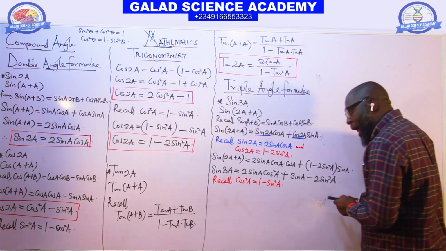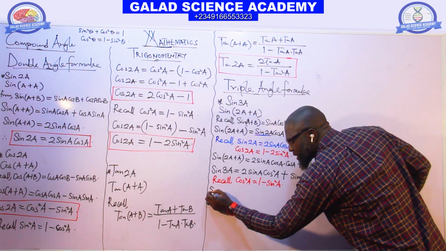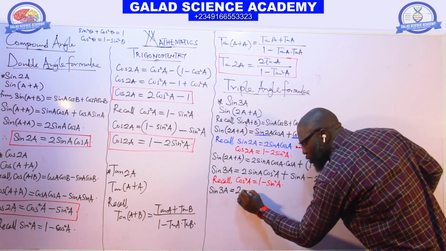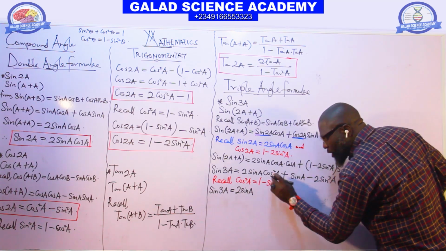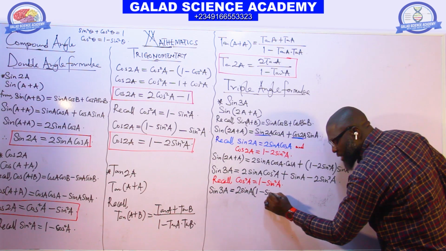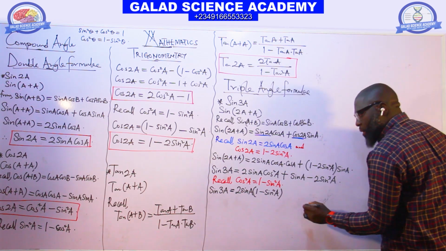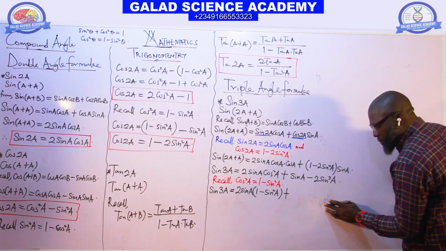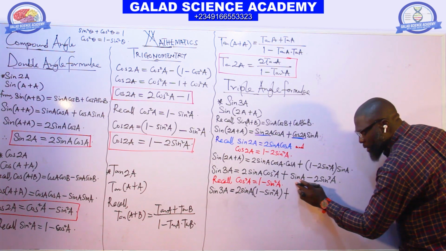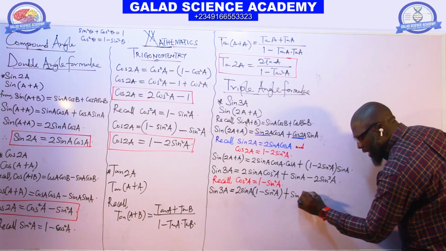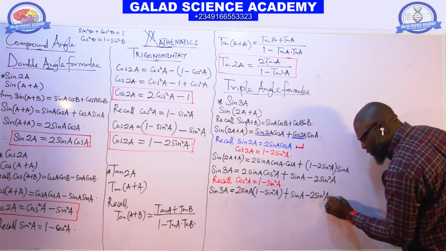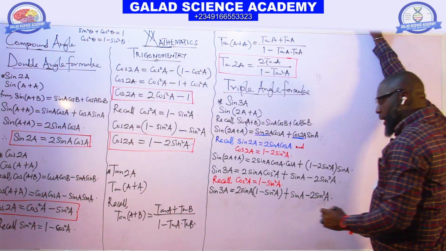So with that, we can eliminate this cos square A. Sine 3A equals 2 sine A, and cos square A is this, into bracket, 1 minus sine square A, plus sine A minus 2 sine cube A. Yeah, continue now.